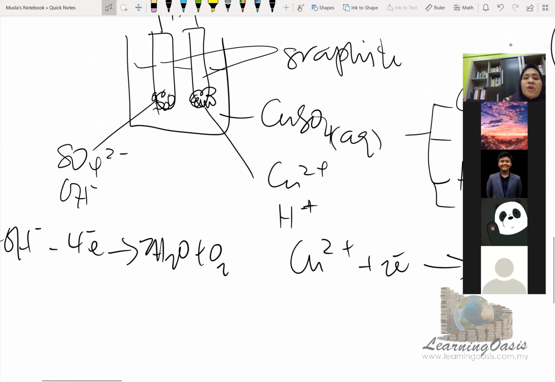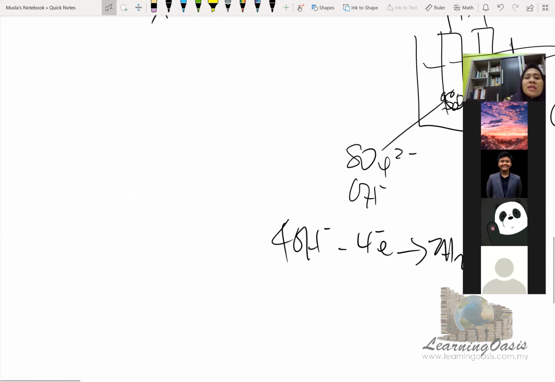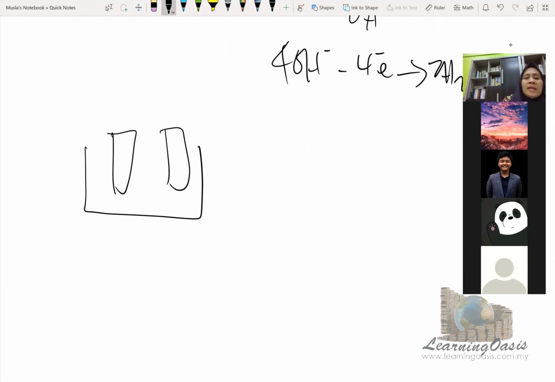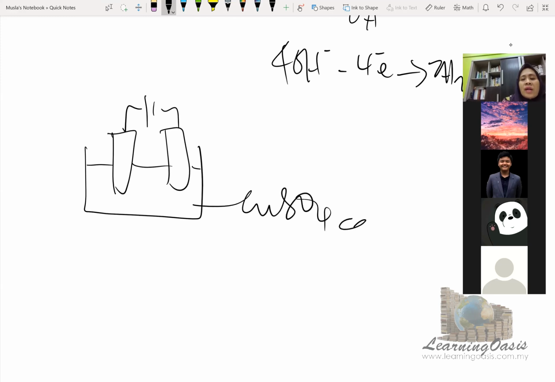But if you perform the same thing, but you use copper electrodes instead, okay, you have CuSO4 aqueous, and then you have copper electrodes.